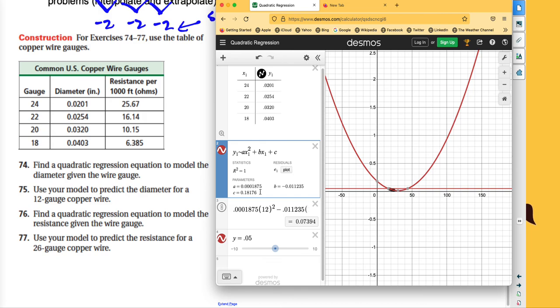The quadratic regression is going to be a quadratic equation, ax squared plus bx plus c. The numbers A, B, and C can be negative, like it is. Okay, I'll stop the recording here.